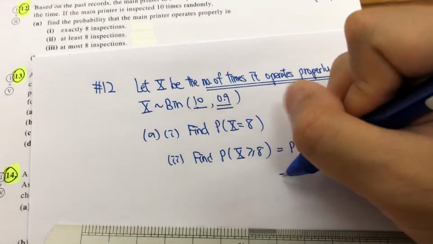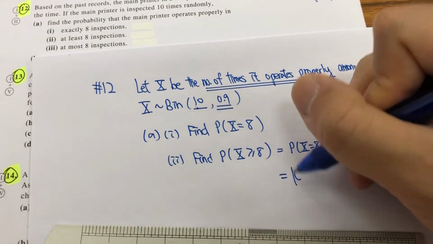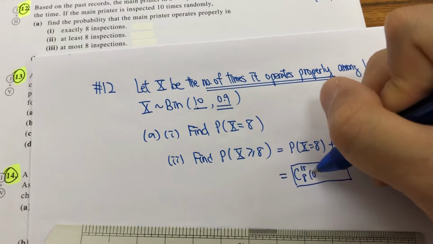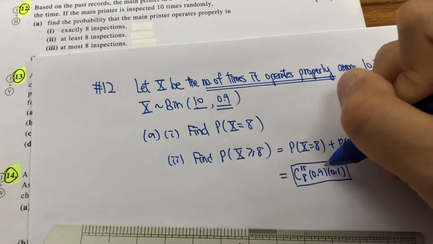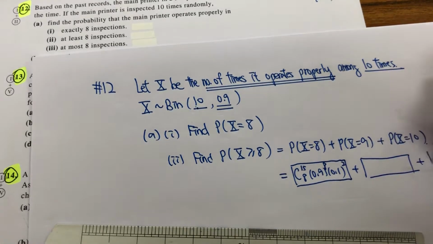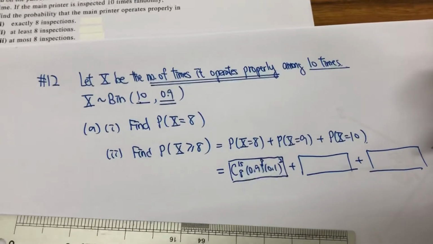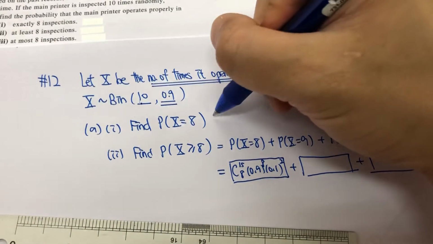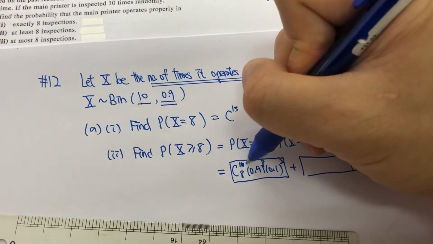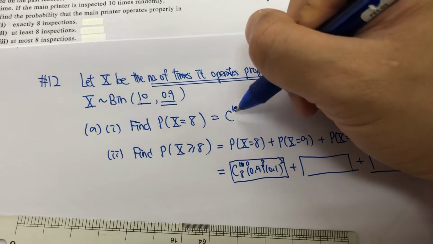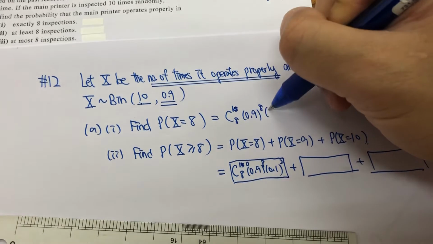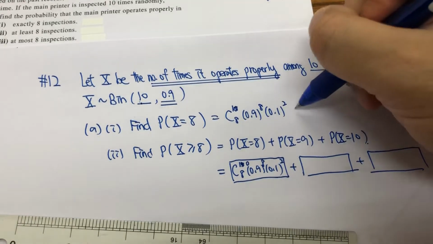So you are going to use the formula 3 times. Oh no, 15, how come 15? 10 times only. 10C8, 0.9^8, 0.1^2, right?